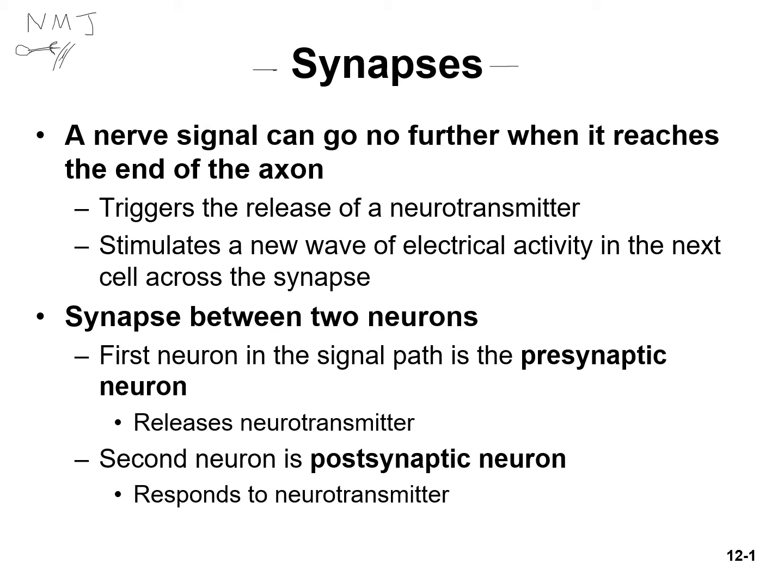So the synapse between two neurons, we can name the neurons that are forming that connection. The one that is ultimately releasing the neurotransmitter is known as the presynaptic neuron. And then the neuron that is receiving that neurotransmitter, responding to that, is the postsynaptic neuron. So pre, before, post, after.